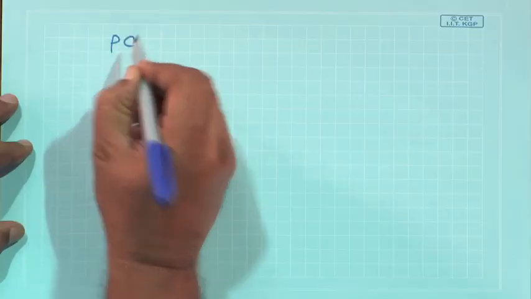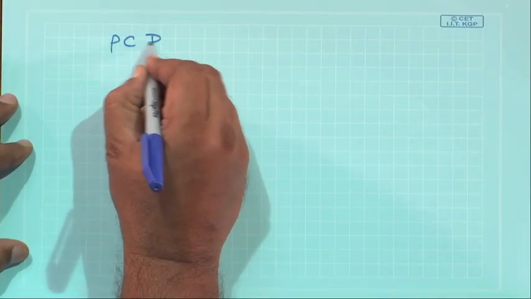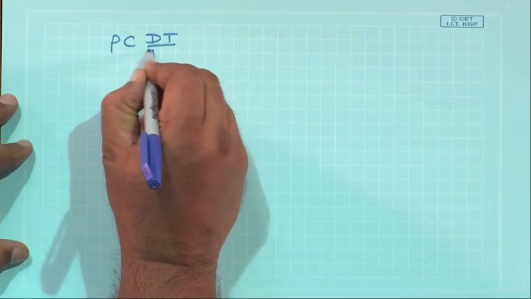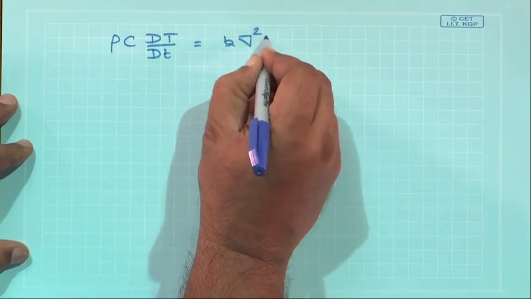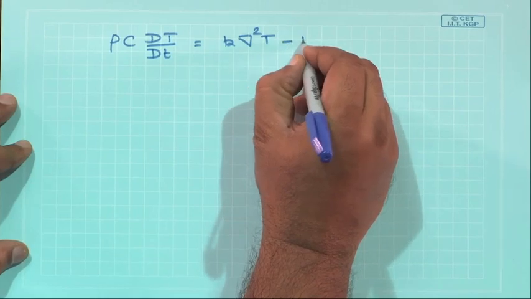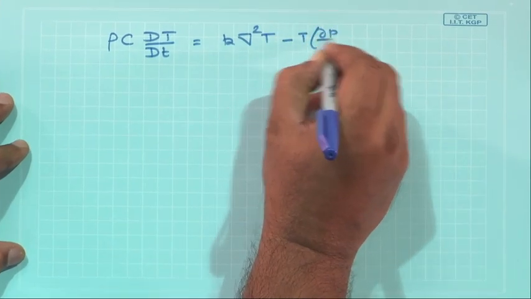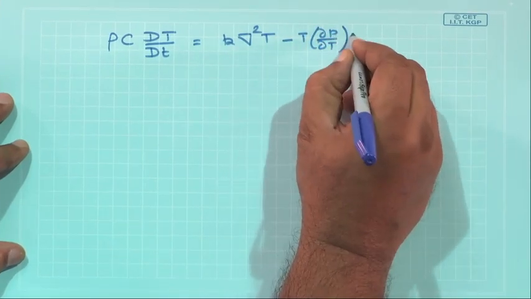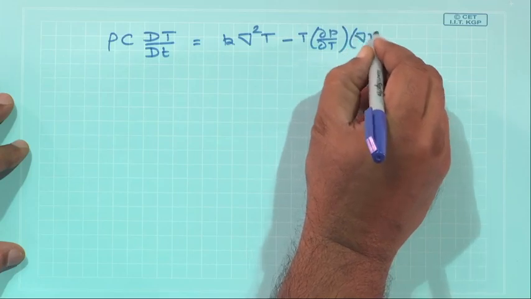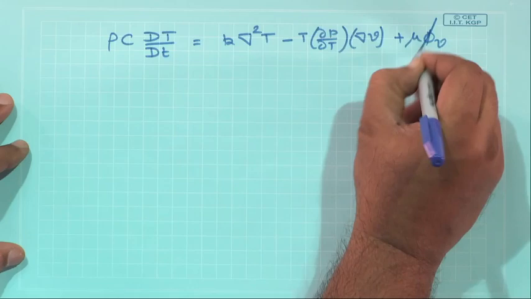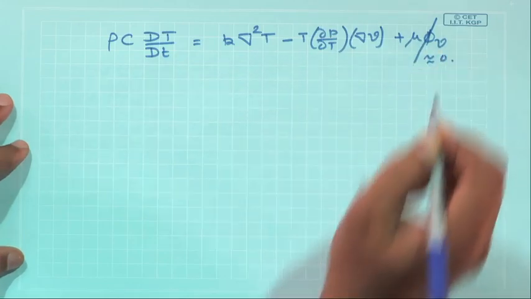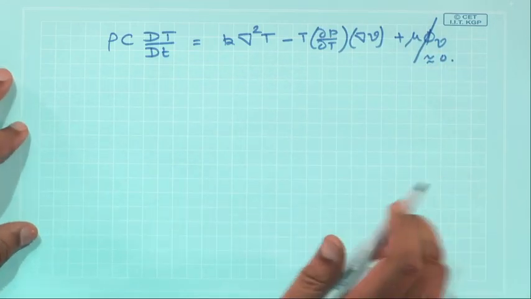So, I am writing this equation once again. It is rho c, c is the heat capacity, the substantial derivative of temperature, which is equal to k times del square T, which is the conductive heat transfer, minus T times del P by del T times divergence of the velocity vector, plus mu phi v that I am setting equal to 0 for our case.